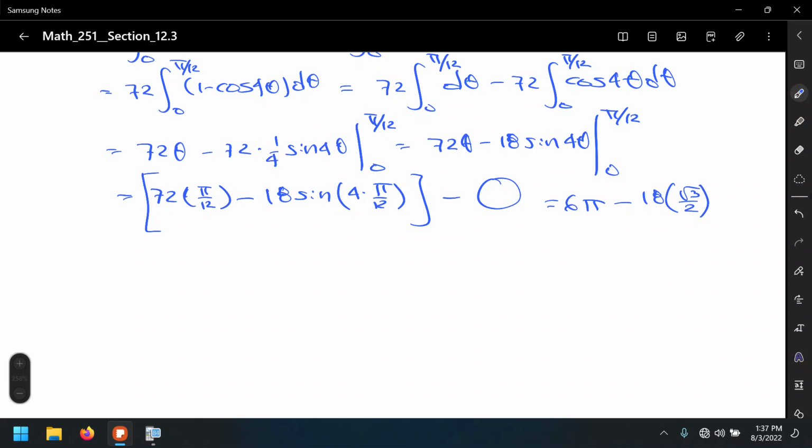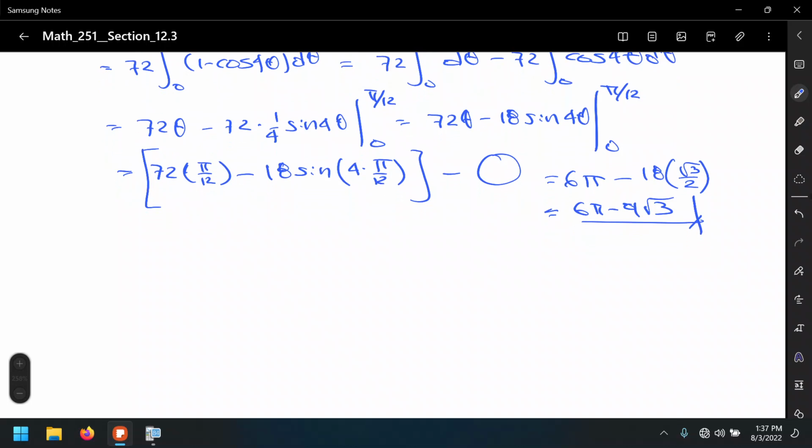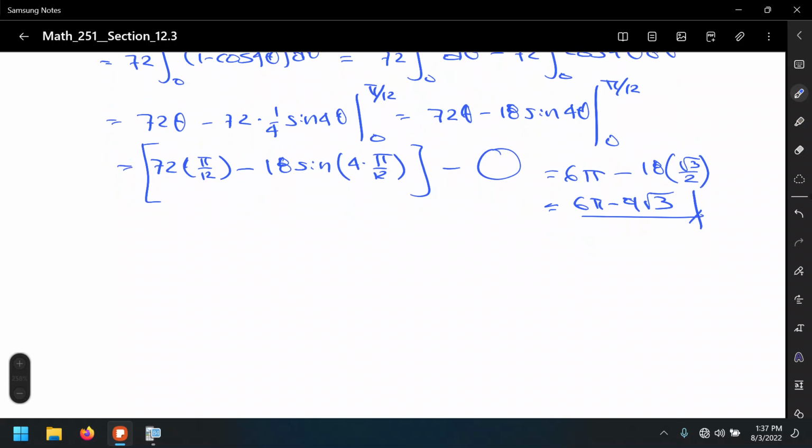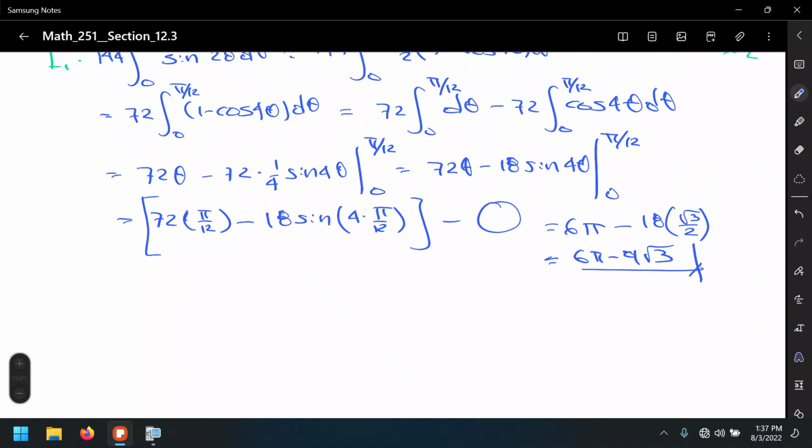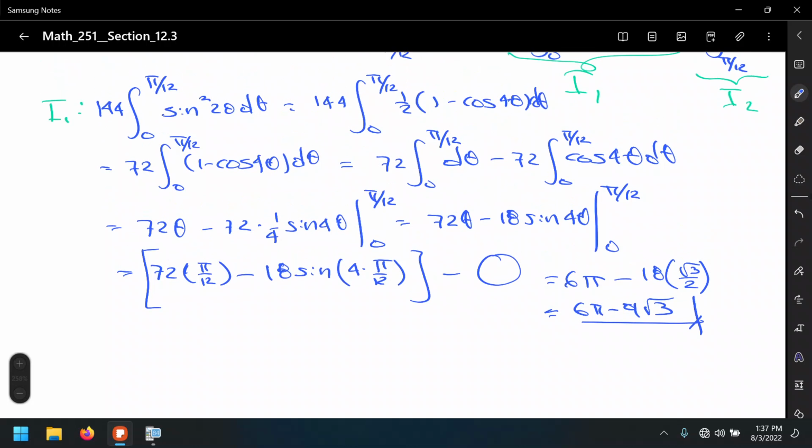And 18 over 2 will be 9, so we get 6 pi minus 9 root 3. So that's the first result, the result of the first integral. Let's have a look at the second integral. Okay, let me keep everything for the first integral.